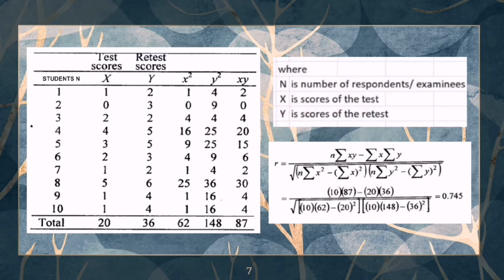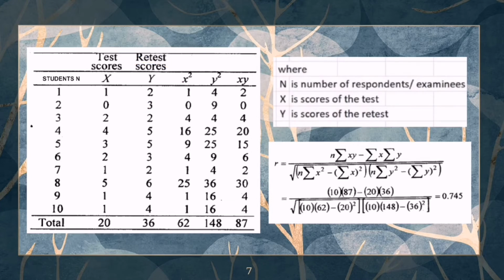So, makikita nyo dyan sa table, meron dyang students N, which is yung number of respondents or examinees, and meron ding X, which is yung score ng respondents on the first test, while yung Y is the scores of the retest.